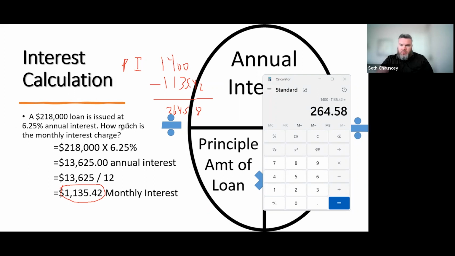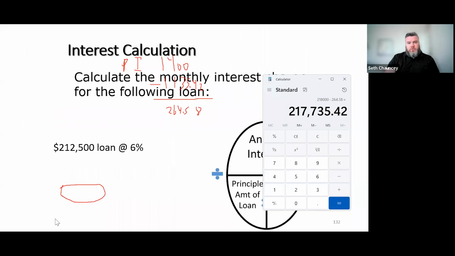And so after one payment, the new balance would be 218,000 minus 264.58. So after your first payment, your new principal balance would be 217,735.42. And if they asked you to do it for the second month, you'd use the same motion.